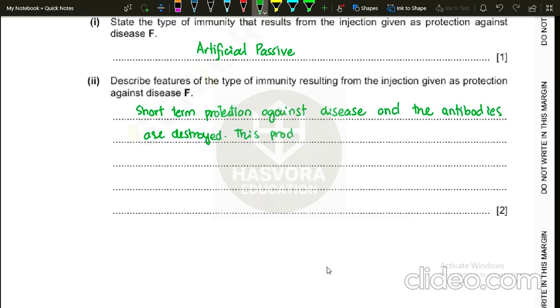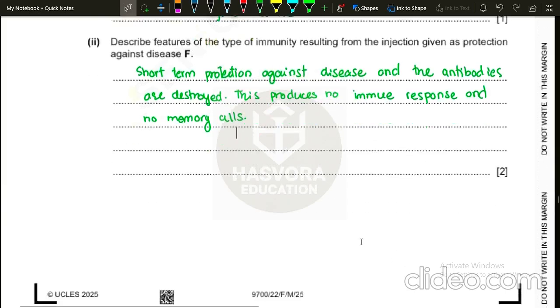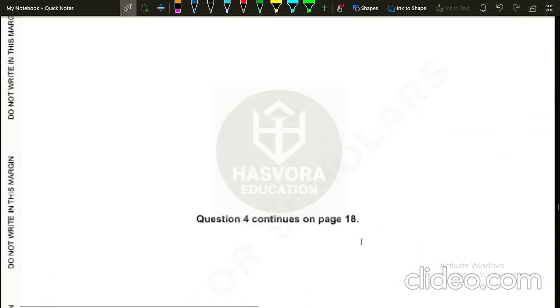This type of immunity produces no immune response, and no memory cells. So that's why it is a short term immediate effect response against a disease.